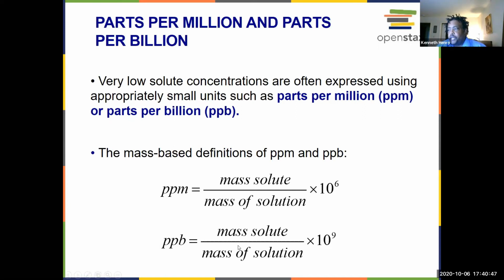If we're doing parts per billion, we multiply by 10 to the 9th, which is a billion. So again, it's the mass divided by the solution times 1,000,000 for parts per million, and times 1,000,000,000 for parts per billion. Piece of cake, easy to remember.